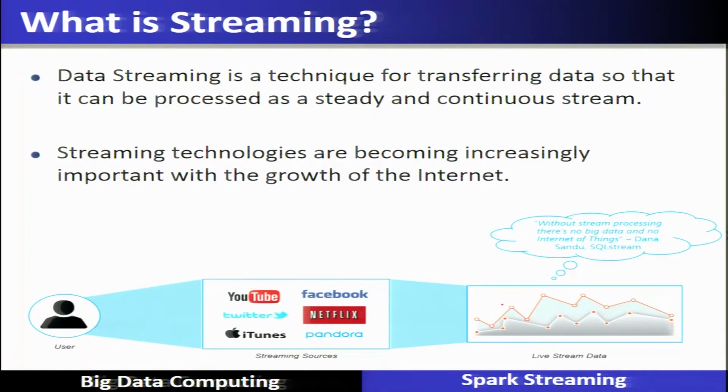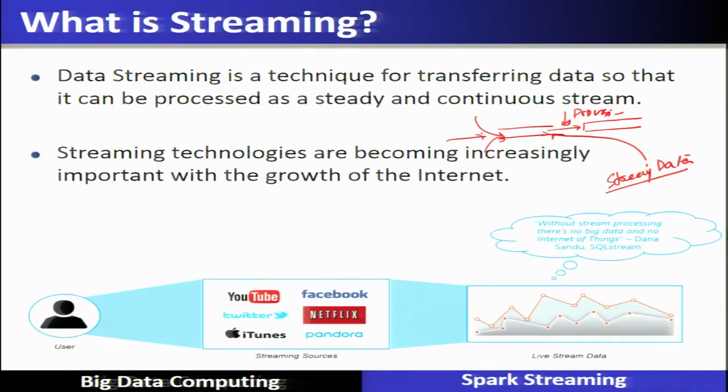You can visualize it as if the data is flowing continuously through pipes, and as it passes through these pipes it is required to be processed in real time. If that is there, then it is called data streaming or streaming data.